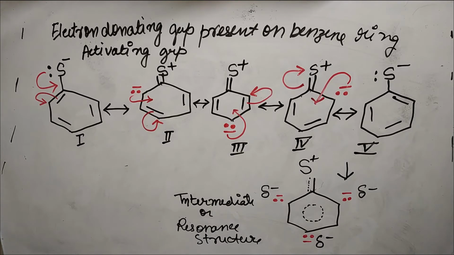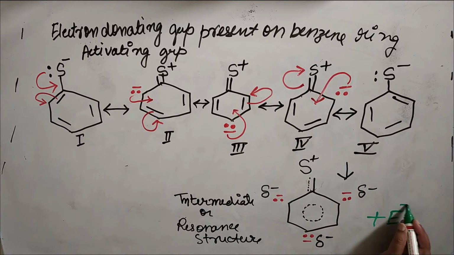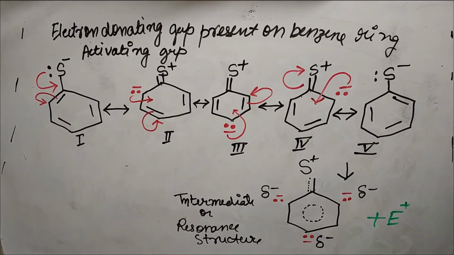Now if any electrophile attacks, suppose any other substituent comes. Generally the benzene ring or the substituted aromatic ring easily goes for substitution reaction. So if any other substituent or electrophile comes here, where will it go?